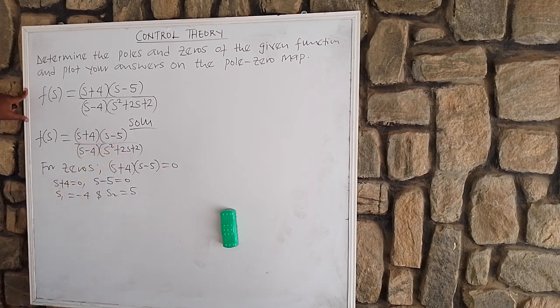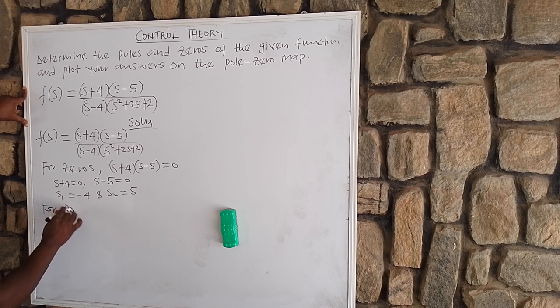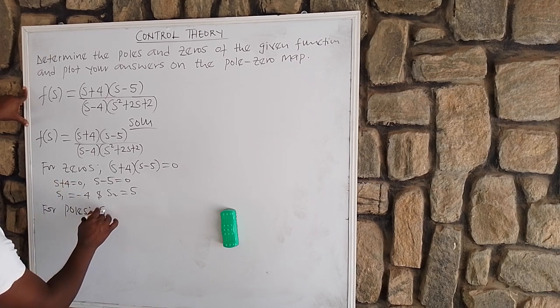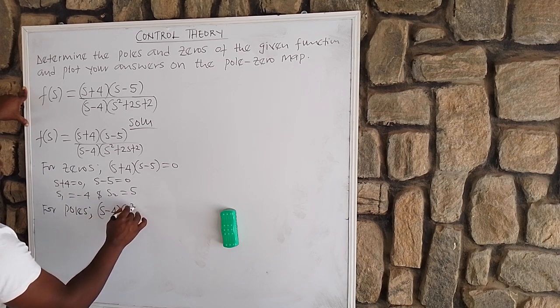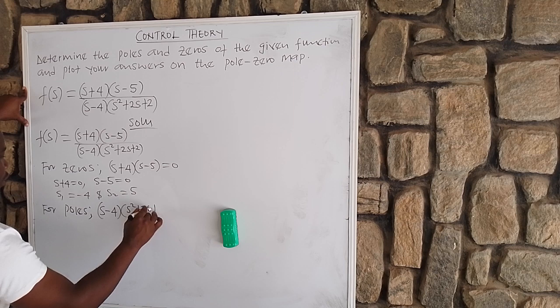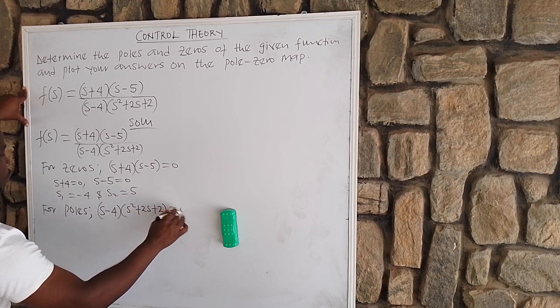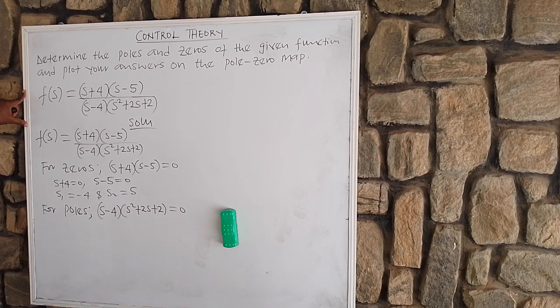So let us consider our poles. For poles, (s minus 4)(s squared plus 2s plus 2) equals 0.